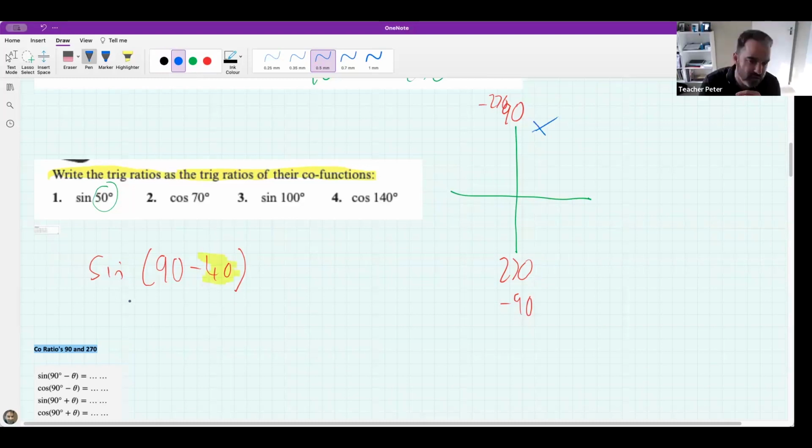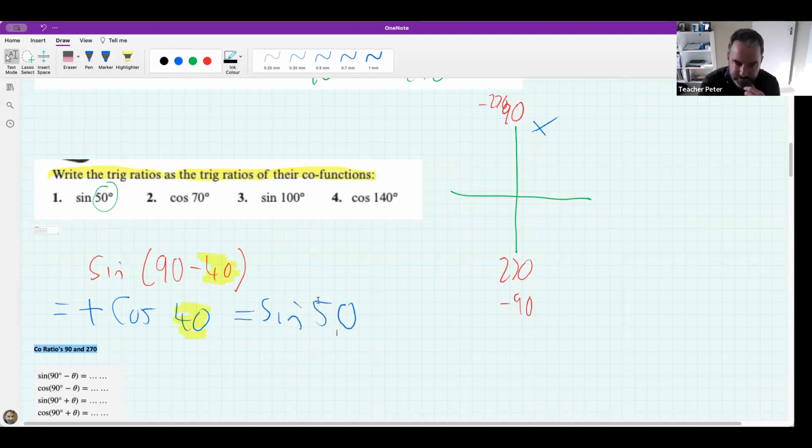So I go positive. The only thing that's different is that I don't write down the same trig ratio. I write down the co-ratio, cos, and then 40, taken from the 40 that's in yellow there. So what we're saying is that the cos of 40 is the same as the sine of 50, which is a bit weird, but it's true.